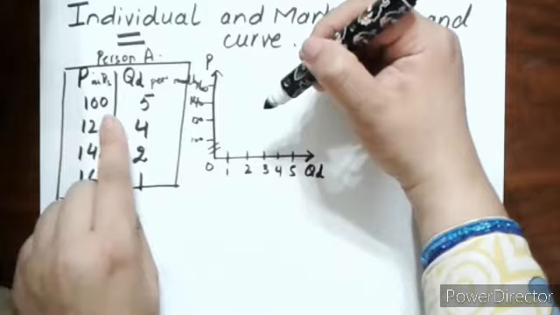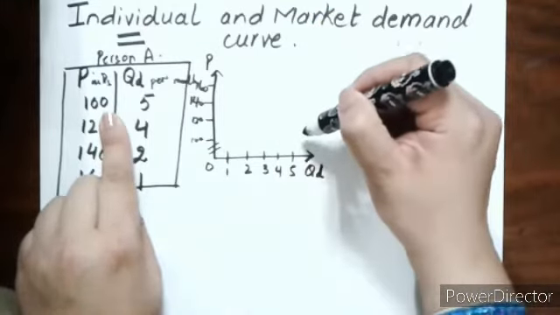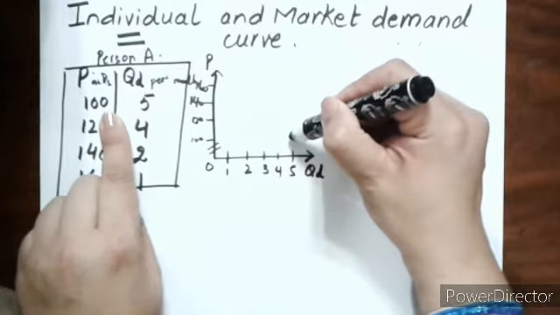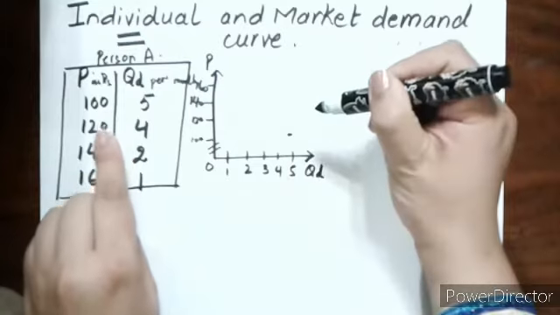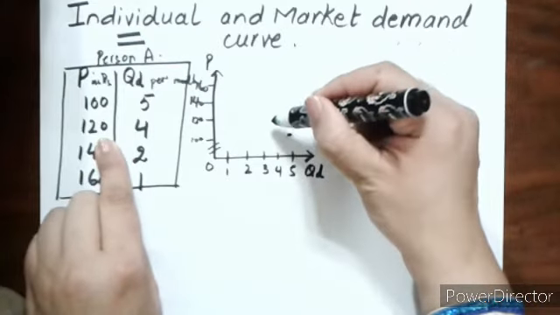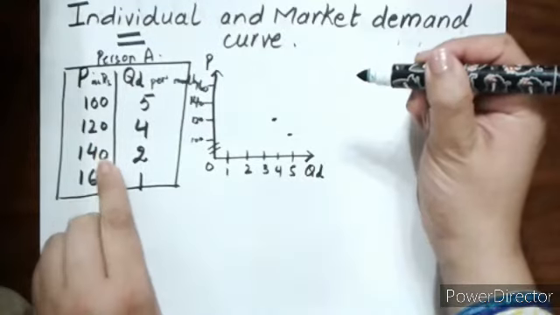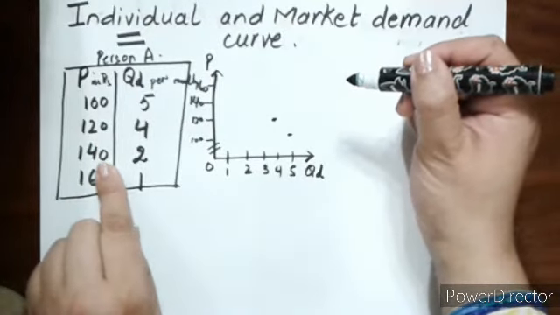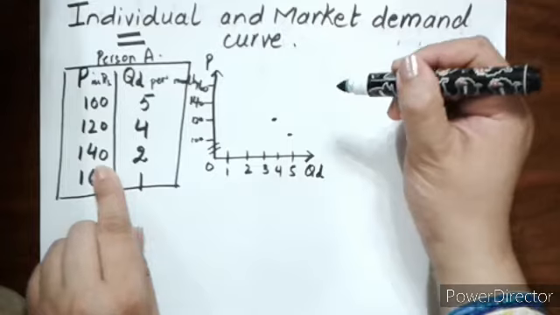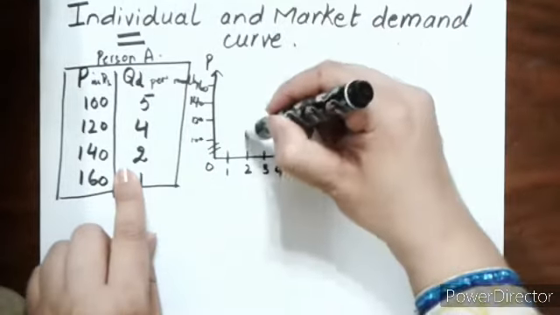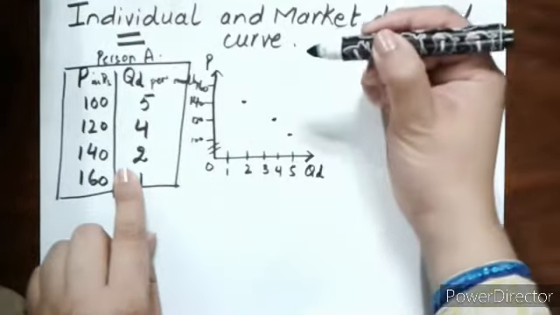So let's plot it. When the price was 100, quantity demanded was 5, so we get this point. At price 120, quantity demanded is 4. This is the point. At price 140, quantity demanded is 2. This is the point.